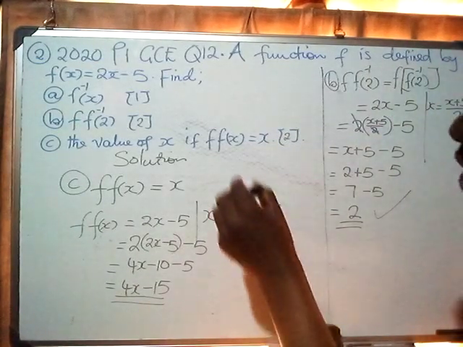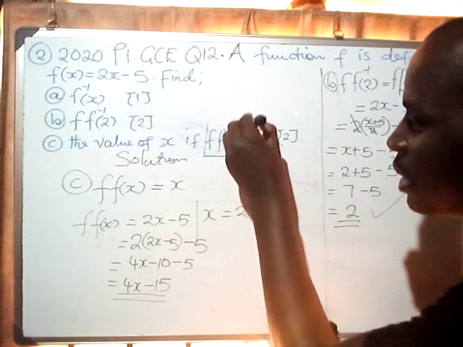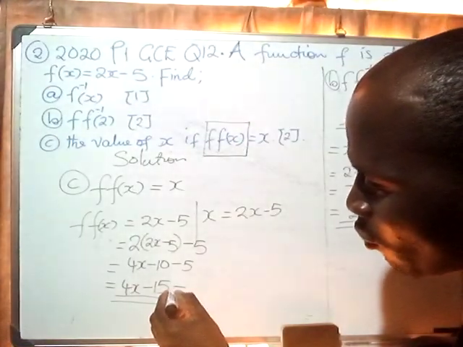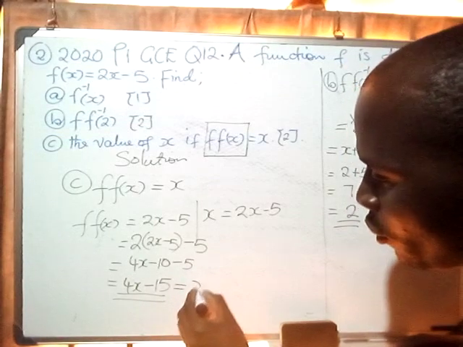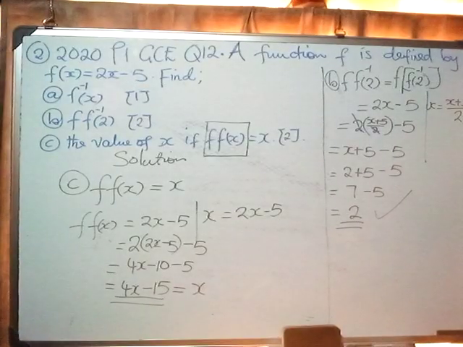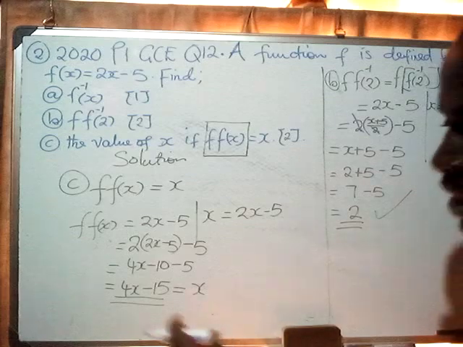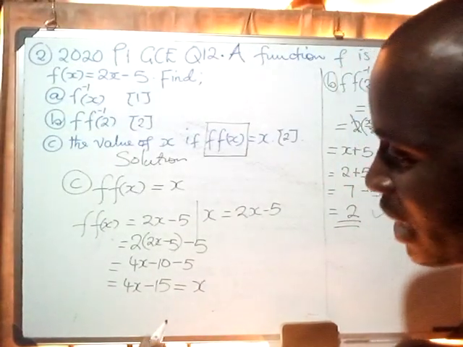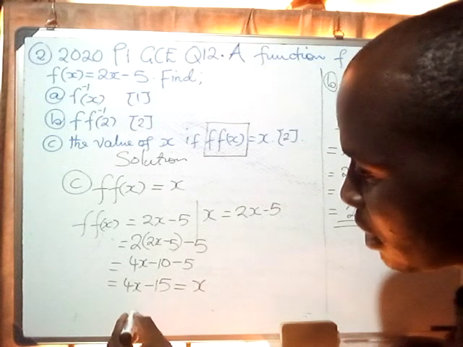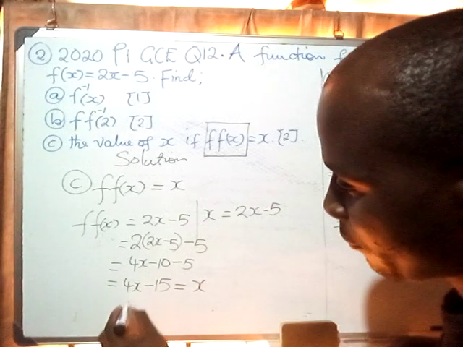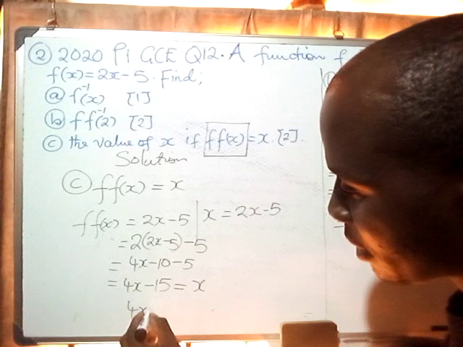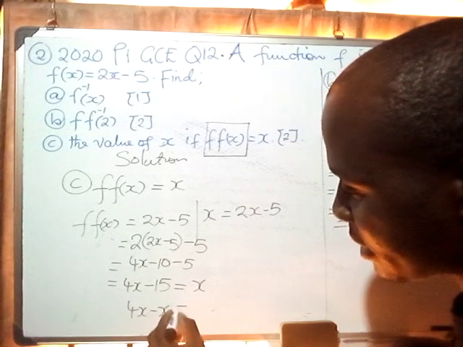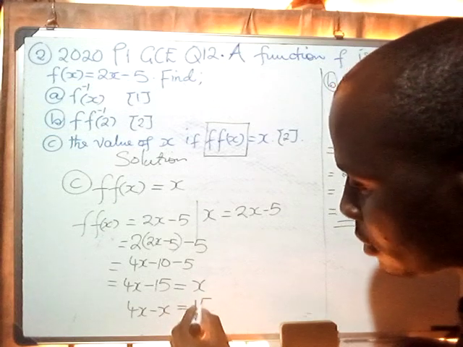But they have told us that this f of f is equal to x, meaning I will equate this one to x so that we find the value of x. How are we going to find the value of x? We are now going to group like terms by saying 4x minus x is equal to positive 15.